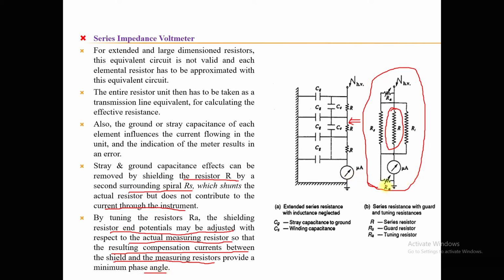Ultimately, with the help of this tuning resistor, the error can be reduced to 0, so that this microammeter can give the actual value of the current being passed through this high voltage resistor. So RA is for the purpose of tuning, and it is a variable resistor, so that you can also eliminate the error which may be produced because of the shielding resistors.